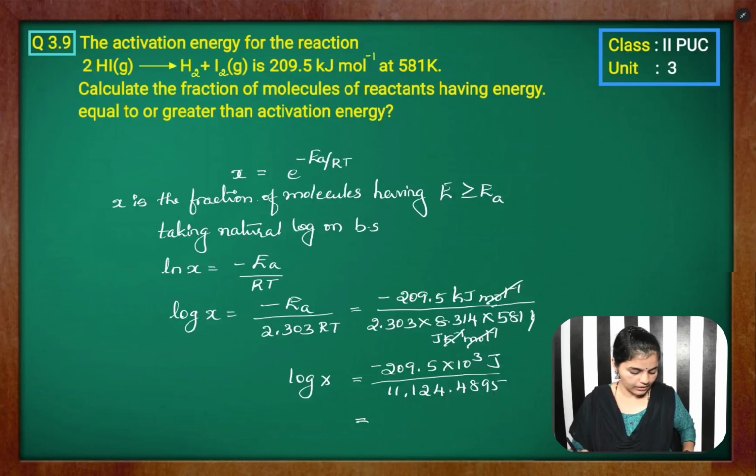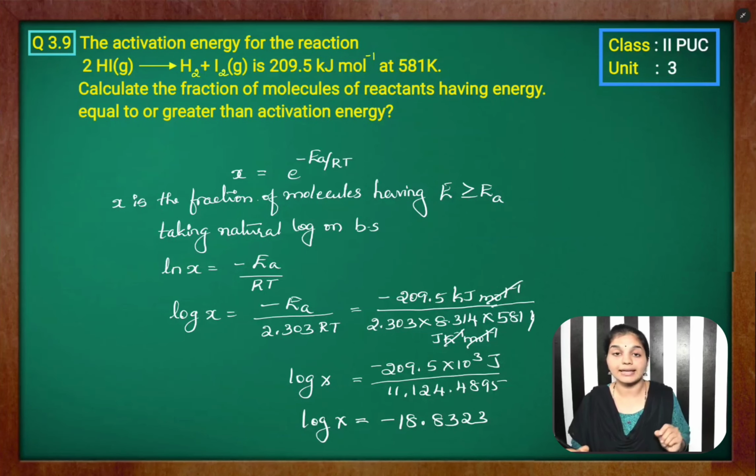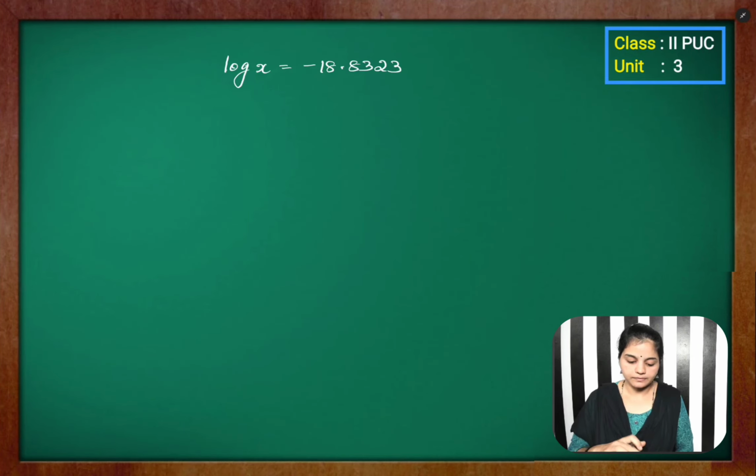So log x is equal to, simplifying this, minus 209.5 into 10 to the power 3 divided by 11,124.4895, which is equal to minus 18.8323. So log x is equal to minus 18.832.